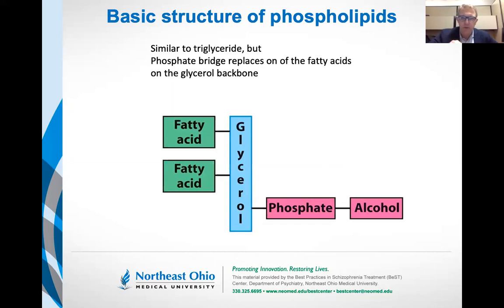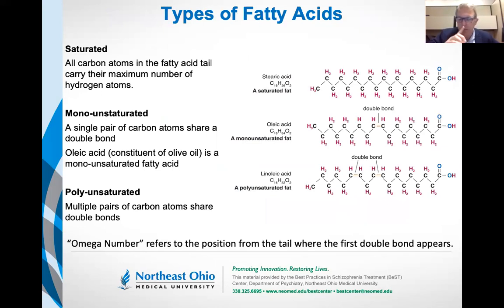And then the third position: glycerol is a chain of 3 carbon atoms, and on the third position, that carbon atom will be bound to a phosphate group and then some kind of alcohol like serine or choline or something like that. So that's the structure of phospholipid. And so the body uses these phospholipids, packs them into membrane. Oh, I'm sorry, I got ahead of myself.